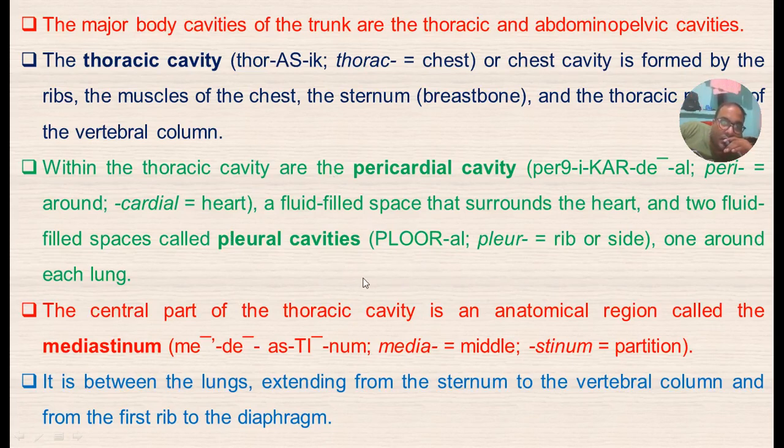The central part of the thoracic cavity is called the mediastinum, meaning media, middle. It is between the lungs, extending from the sternum to the vertebral column and from the first rib to the diaphragm.